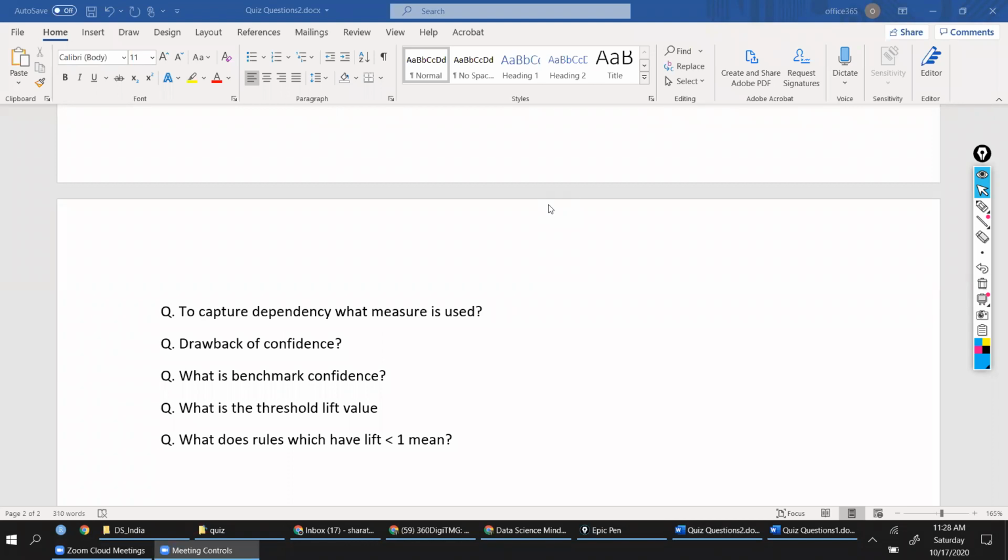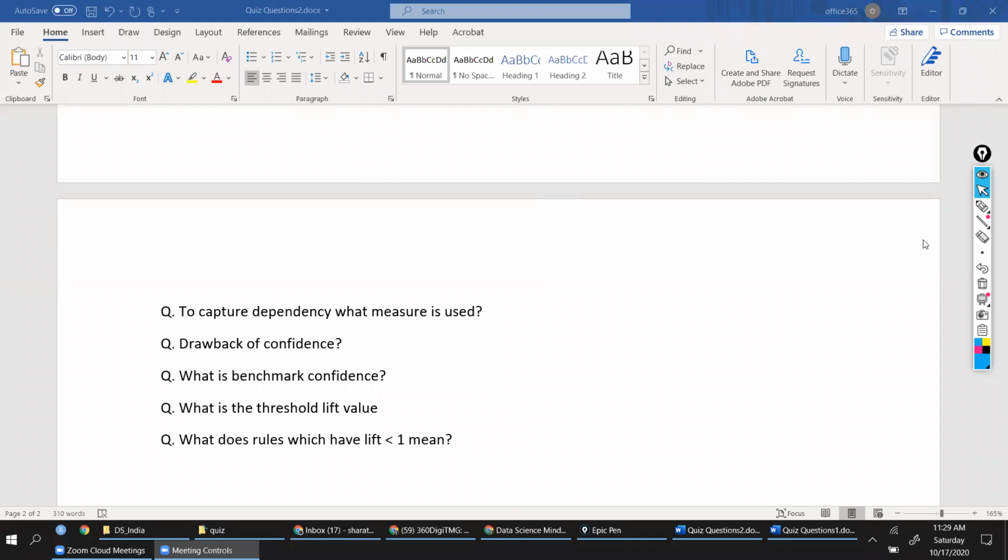But what do these rules which give lift ratio greater than 1 or less than 1 mean? Very good, Lokesh. Lift ratio less than 1 means the association between the two, antecedent and consequent, is less. If it is greater than 1, that means association is more.